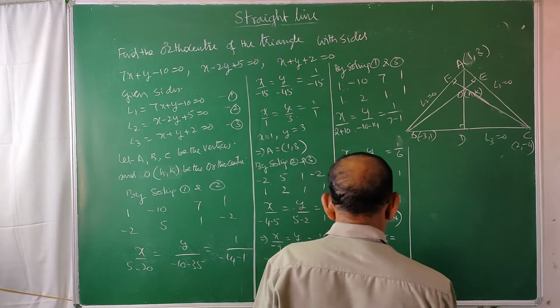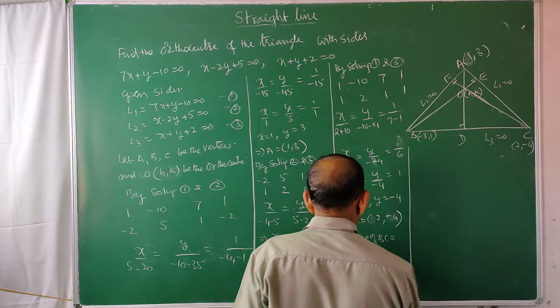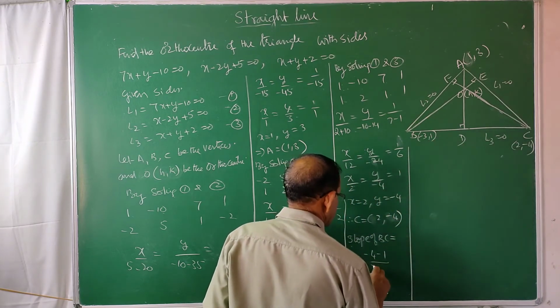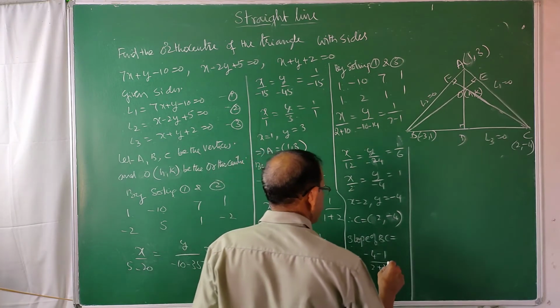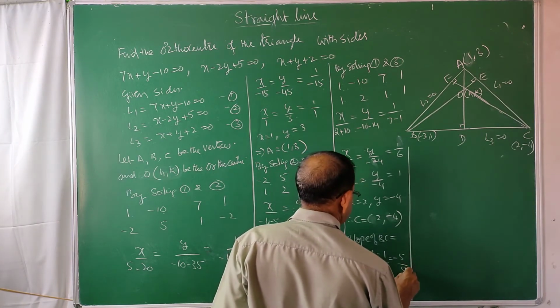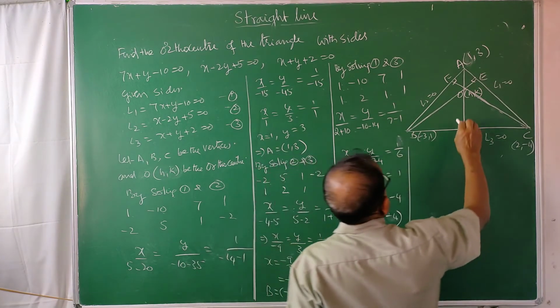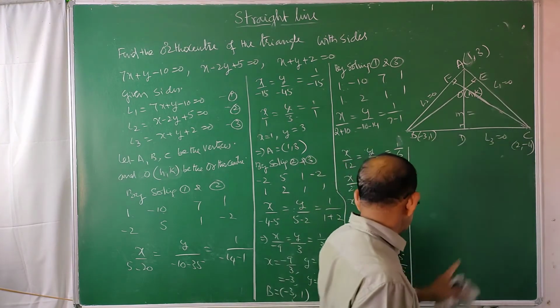What is the slope of BC? y2 minus y1, minus 4 minus 1, by x2 minus x1, 2 plus 3, that is minus 5 by 5 equal to minus 1. For the line BC, the slope is minus 1.